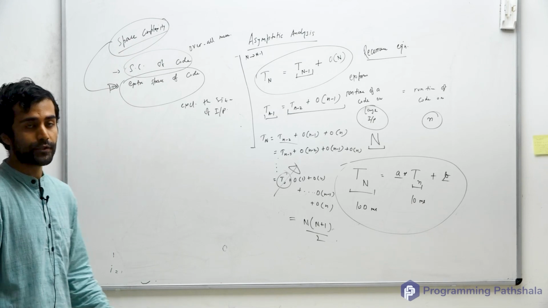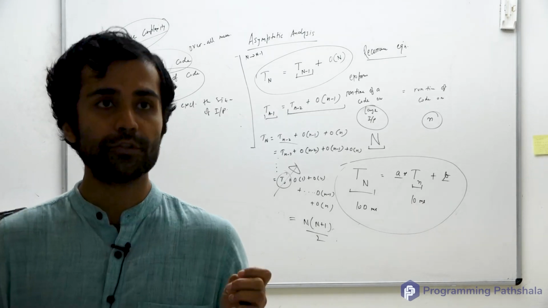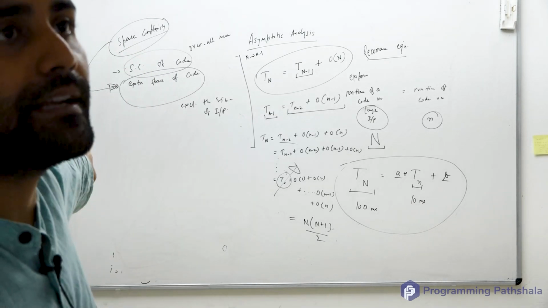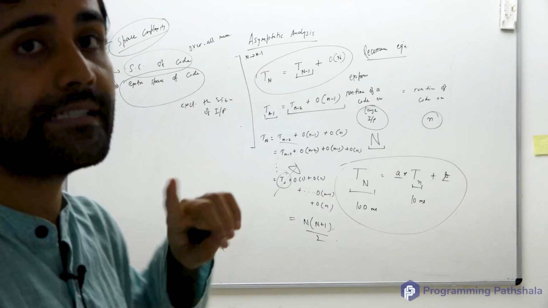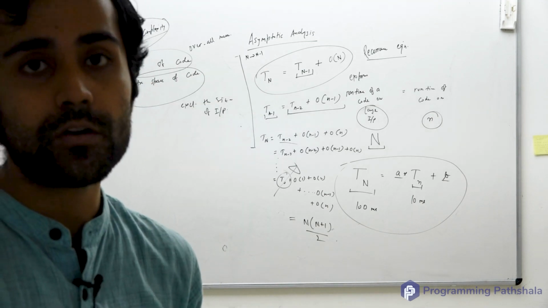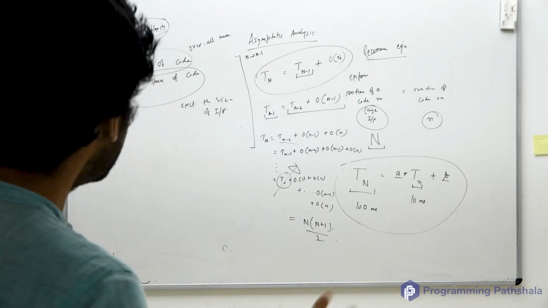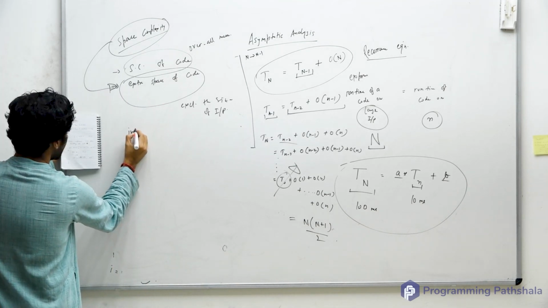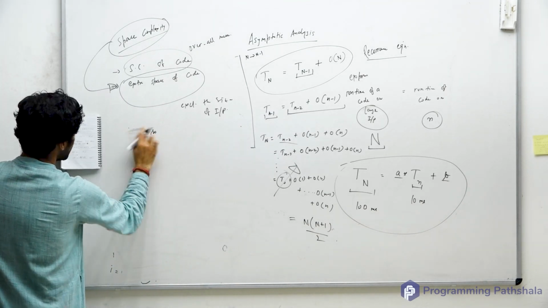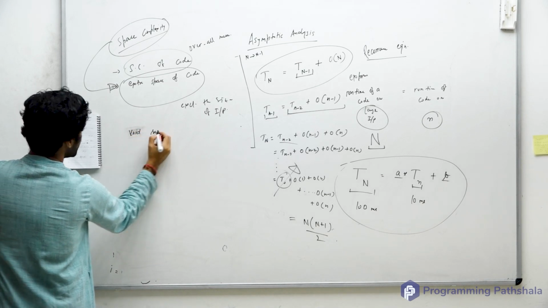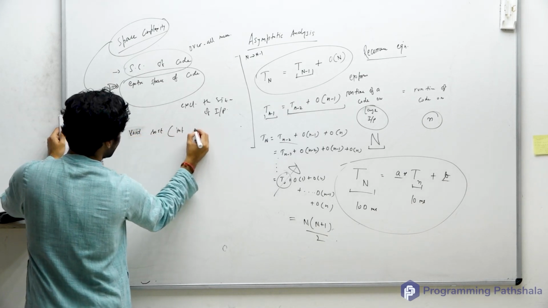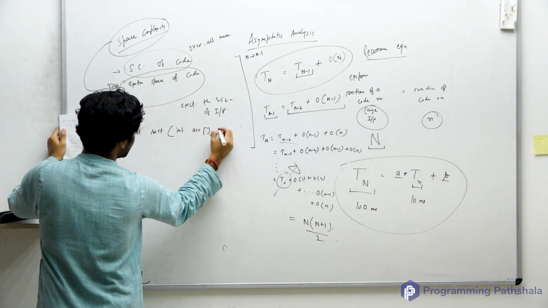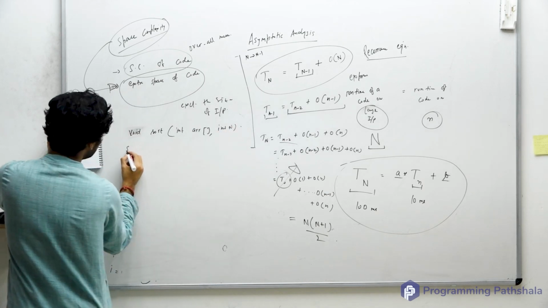Generally if somebody asks you about space complexity, they mean this thing, so do not confuse yourself. Whenever somebody talks to you about space complexity, they will in general mean the second thing, which is how much extra space your code is taking. Now this is very logical, right? Let's say you are trying to sort an array, so you have a function sort that takes in an array of size n and then sorts it.